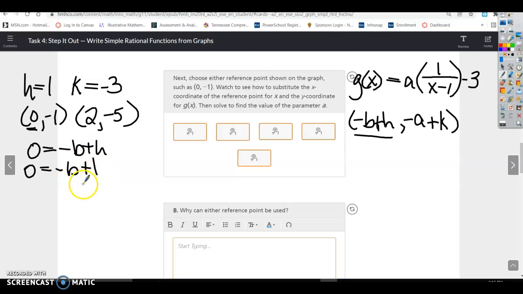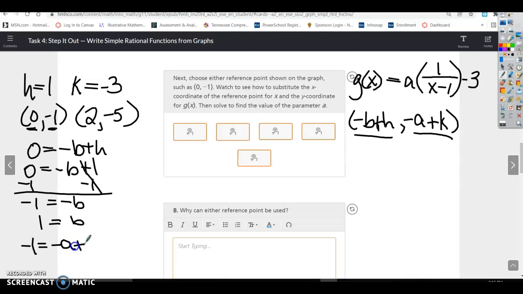And then we solve for b. We don't really need b, but we can solve for a and b by using these equations. So b equals 1. And then we can use -1 and set that equal to -a plus k. We know that k is -3, so we have -1 equals -a minus 3.